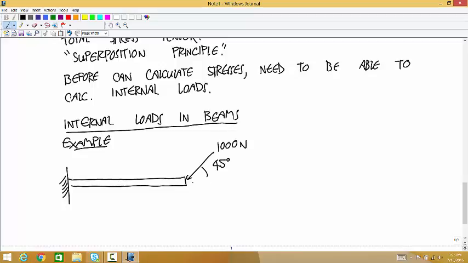And then let's say we have a couple applied about the axis of this beam with a value of 5,000 newton meters. We'll say the whole beam is 1 meter long, and we want to calculate the internal loads at the midpoint.